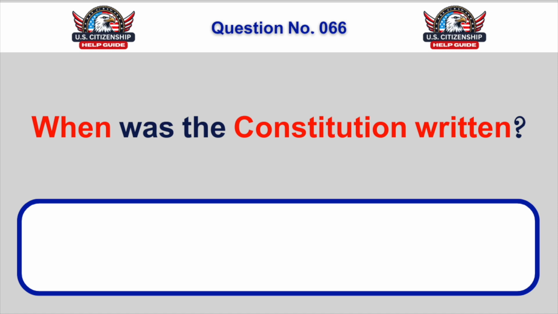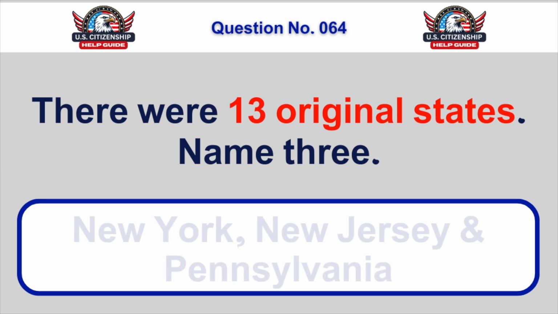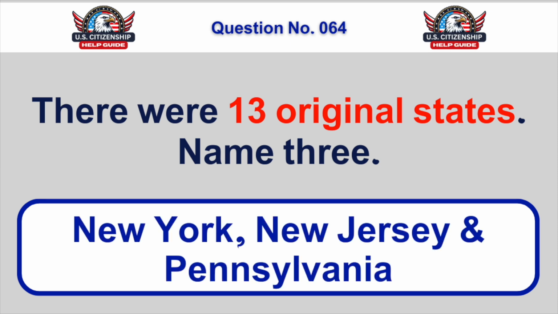When was the Constitution written? 1787. There were 13 original states. Name 3. New York, New Jersey, and Pennsylvania.